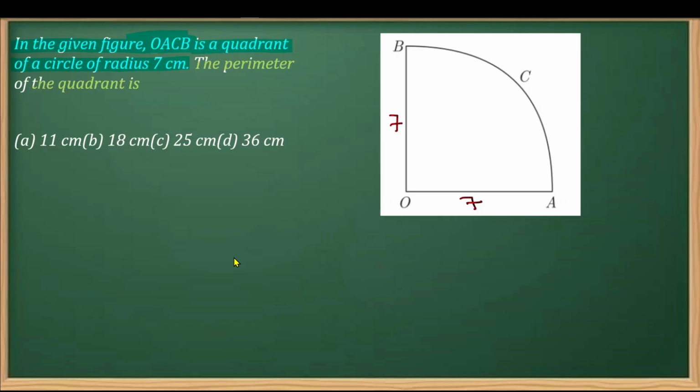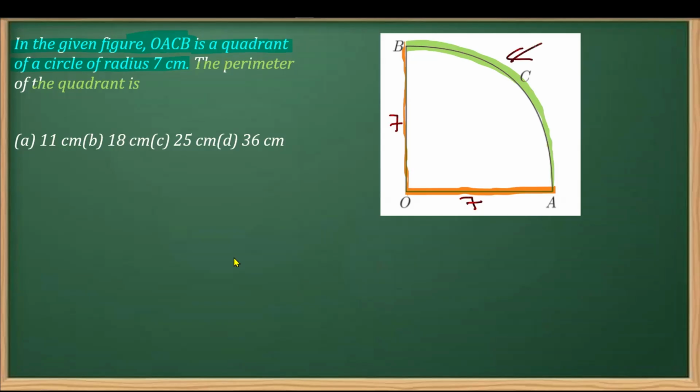For finding the perimeter of this quadrant, as you can see from the figure, we know the length of this, we know the length of this as well, right? Then we have to get the length of this part. If we find the length of this part, the sum of these three should give you the perimeter.